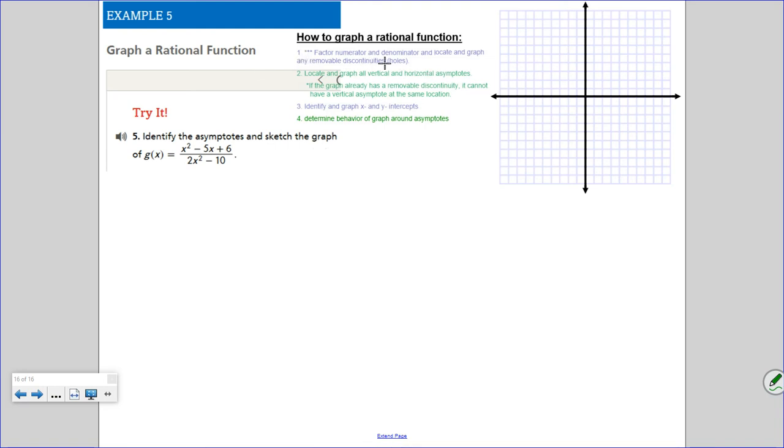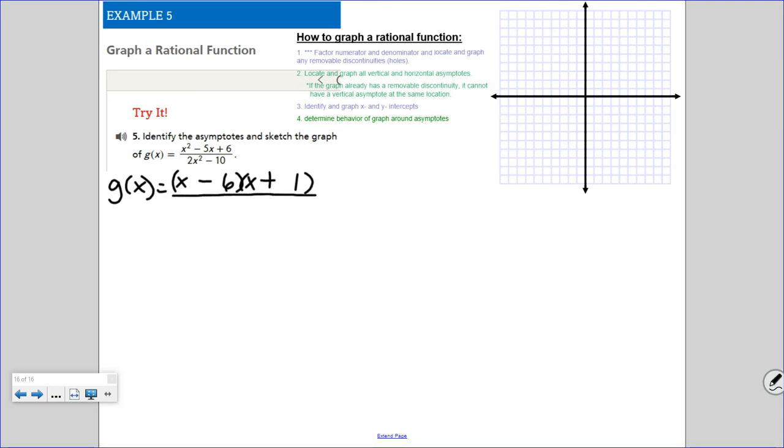All right, so number 1, factor numerator and denominator, see if there's any removable discontinuities. So we're going to factor the numerator, g of x, top factors, let's see, x and x, 6, 1, minus 6 plus 1.